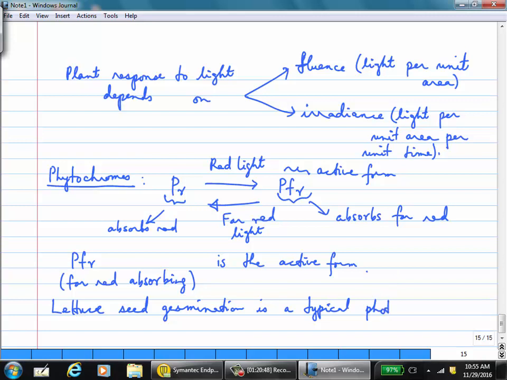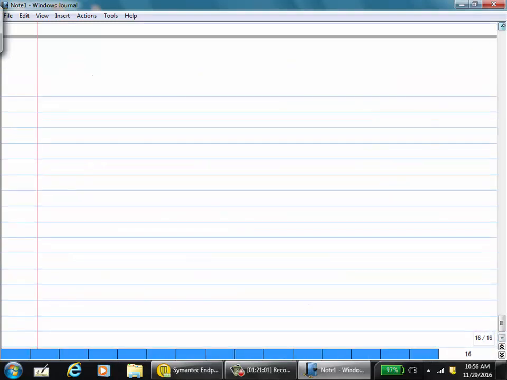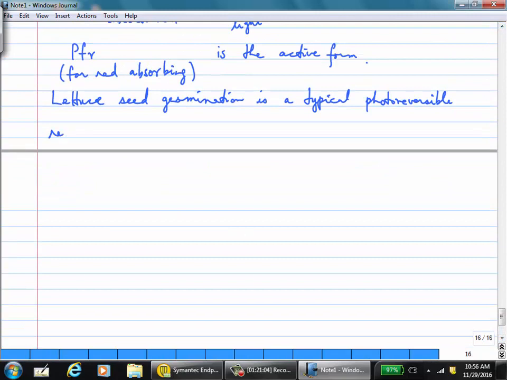photoreversible response controlled by phytochrome. Because if you give it red, it germinates, then you give it far red, it goes back.